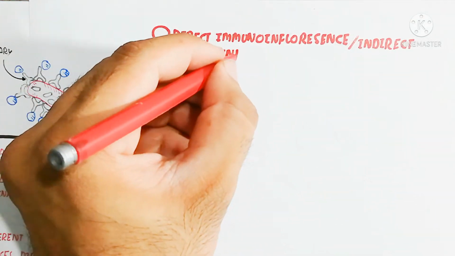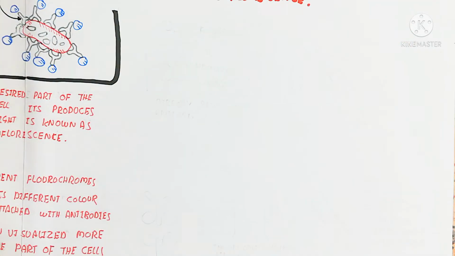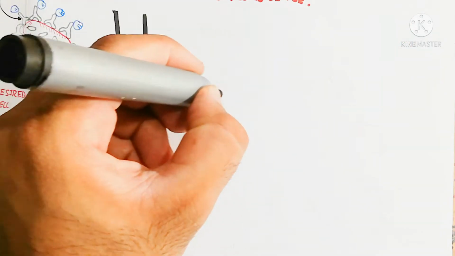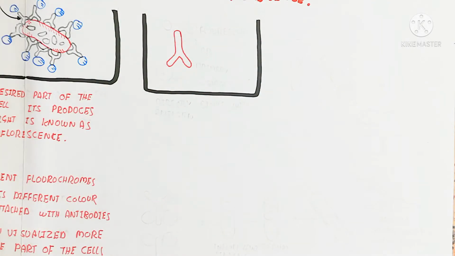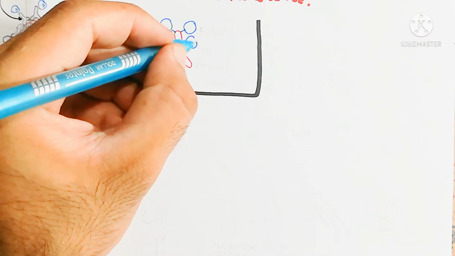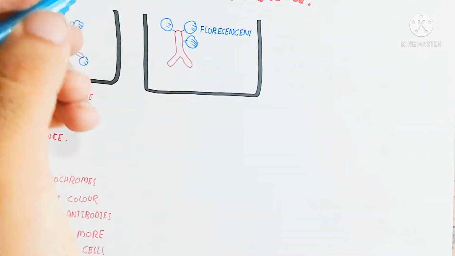This was direct immunofluorescence. I am recapping direct and indirect immunofluorescence. In the direct method, the primary antibody, attached with the fluorescent label, binds directly with the antigen.